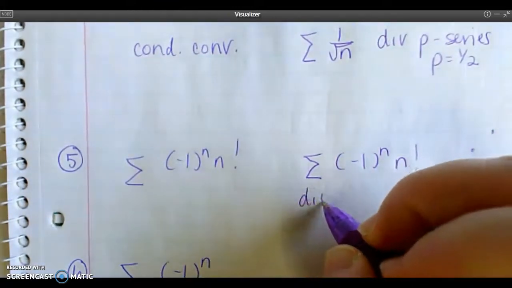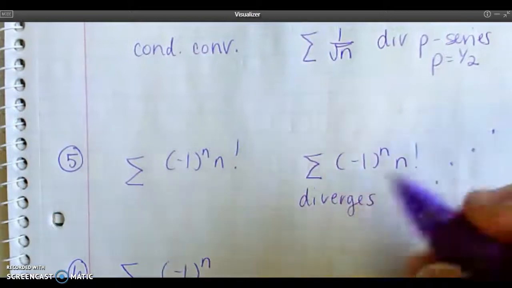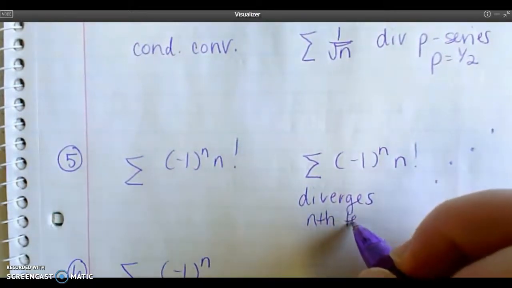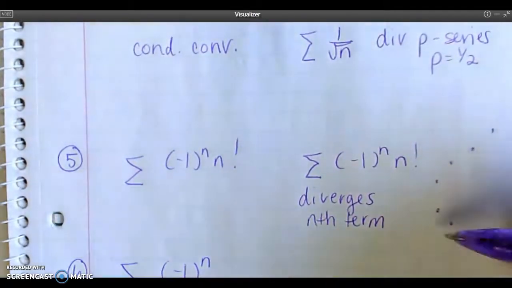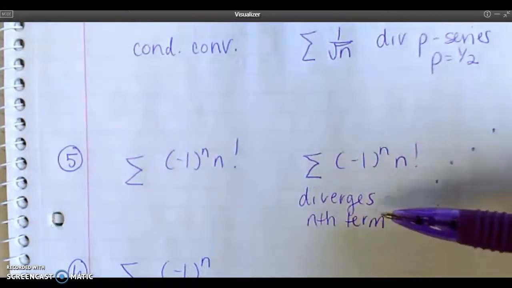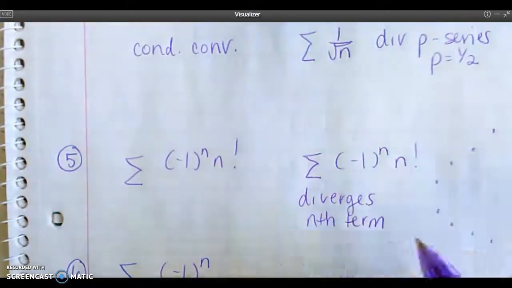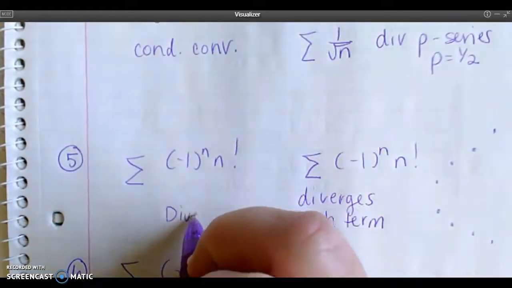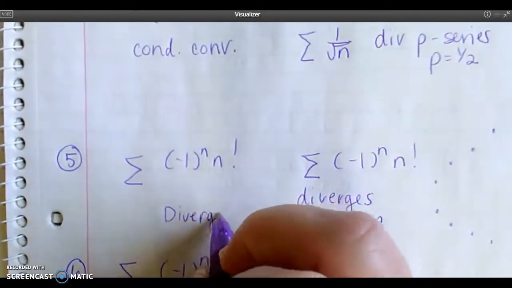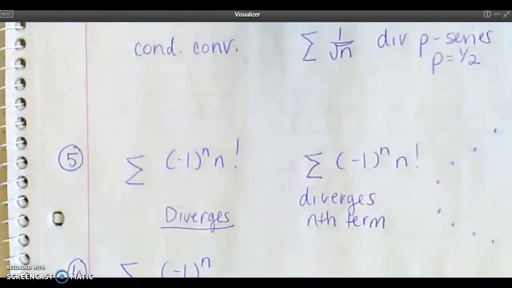This diverges. Basically we use the nth term test to figure it out. You could also say it diverges by AST because each term is getting greater. And because that diverges, we don't even have to figure out the absolute value. The absolute value also diverges, but the series itself diverges. So it's not conditionally or absolutely convergent, it just diverges.